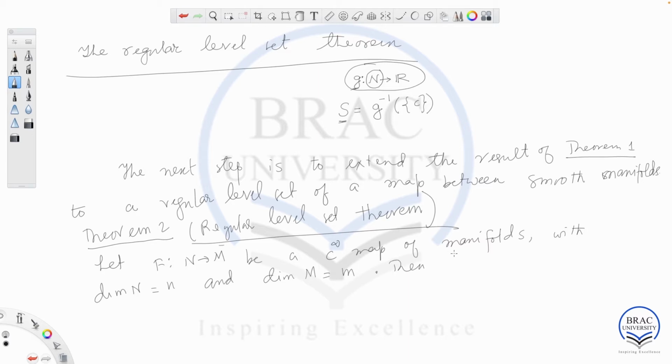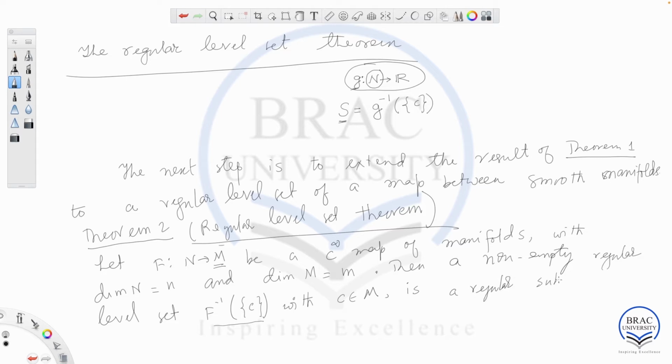Then a non-empty regular level set f inverse of c, with c being a point in the manifold M, is a regular submanifold of the manifold N of dimension n minus m.